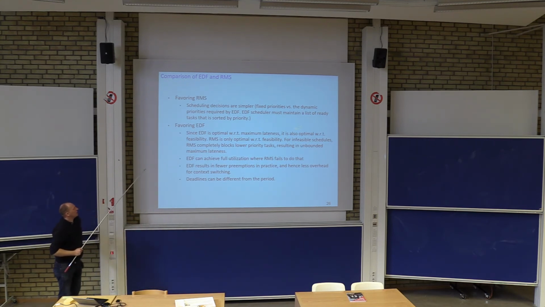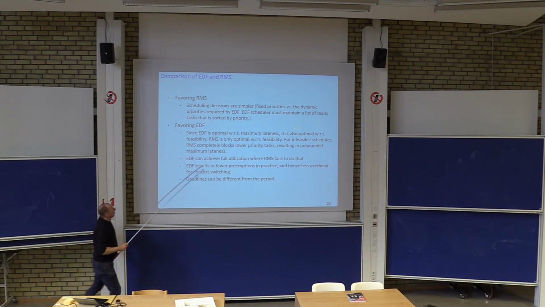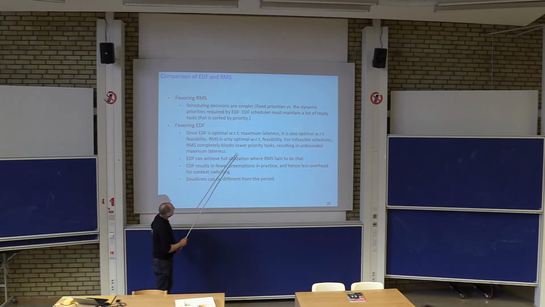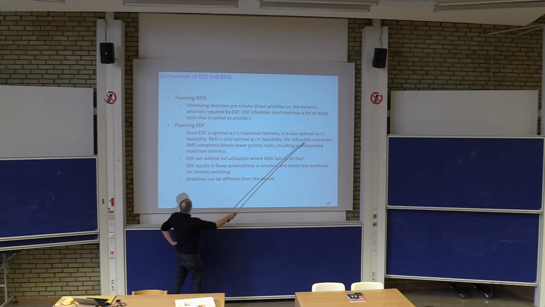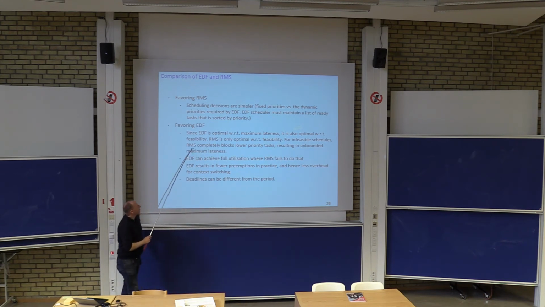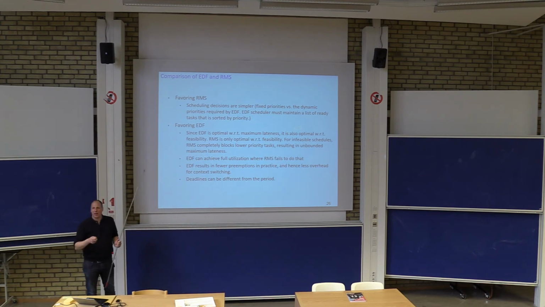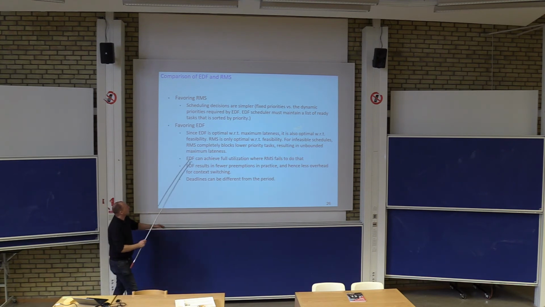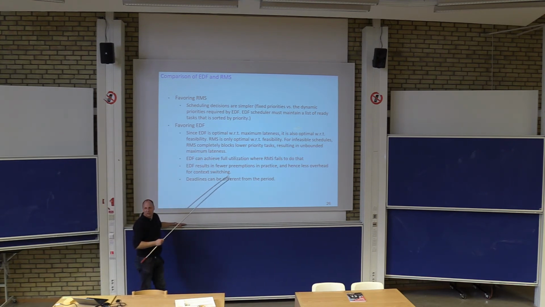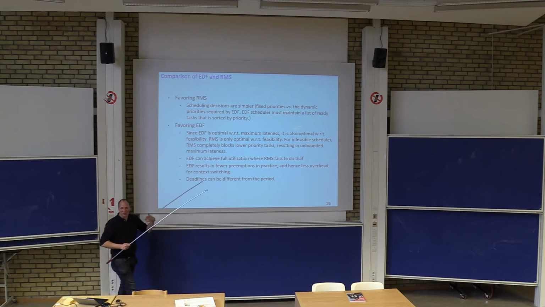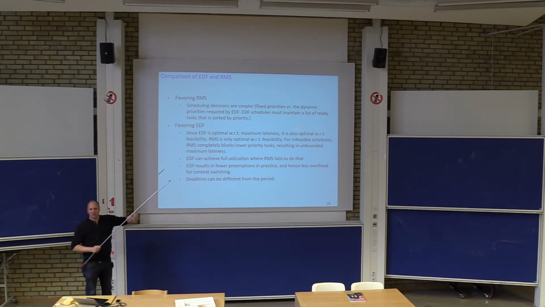An advantage with earliest deadline first is, of course, that if you can't meet your deadlines, rate monotonic scheduling can completely block lower priority tasks from execution, right? Let's say you have a high priority task that will just consume all the processing time.